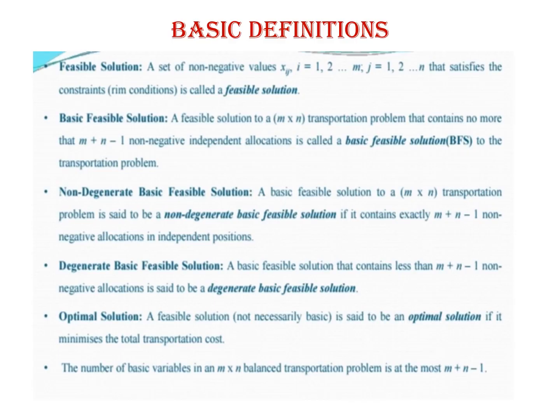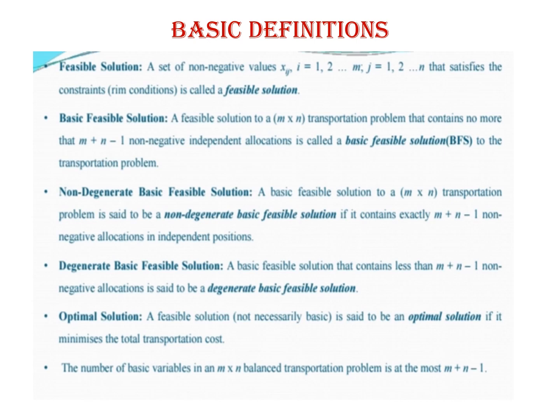Some basic definitions. Feasible solution: a set of non-negative values that satisfies the constraints is called a feasible solution. Basic feasible solution: a feasible solution to a transportation problem that contains no more than m plus n minus 1 non-negative independent allocations.